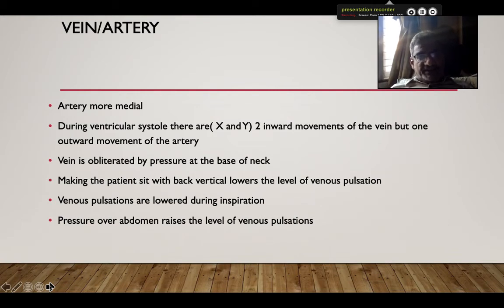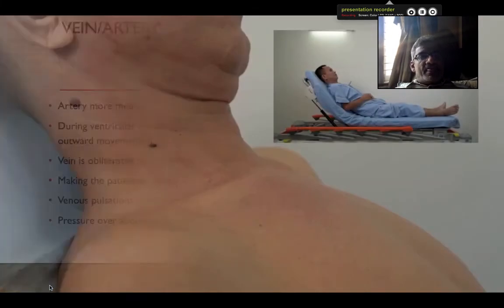There are certain maneuvers. The vein is obliterated by pressure at the base of the neck. The artery is very well palpable. You make the patient sit with the back vertical, and the level of venous pulsation comes down. Venous pulsations are also lowered during inspiration, and pressure over the abdomen raises the level of venous pulsations.